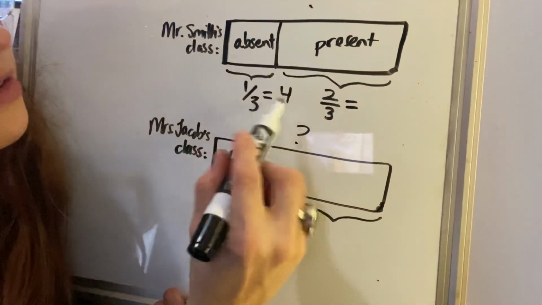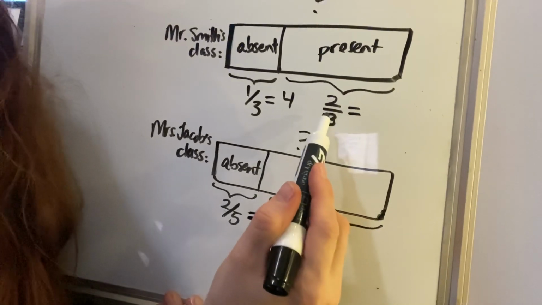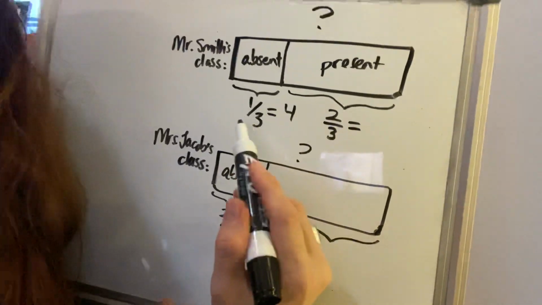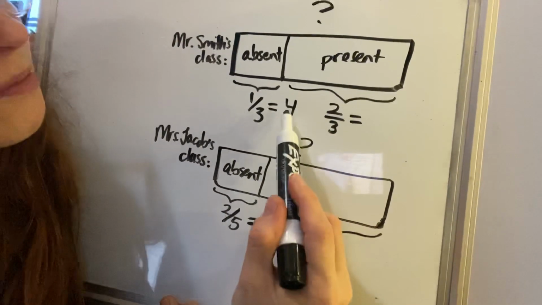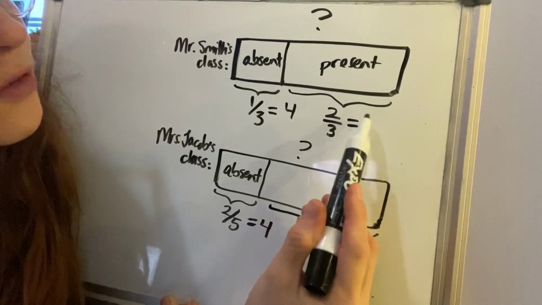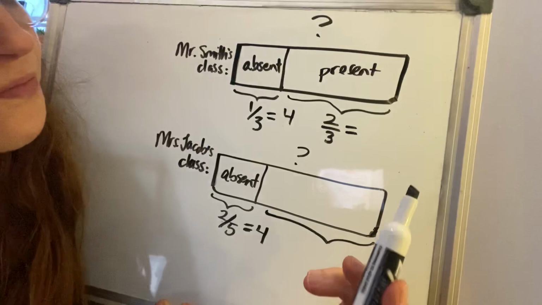Well, if 1/3 is equal to 4, then 2/3 is simply 1/3 times 2, or 1/3 doubled. So we can take the 4 students and just double it to get the value of 2/3. So what's 4 times 2?